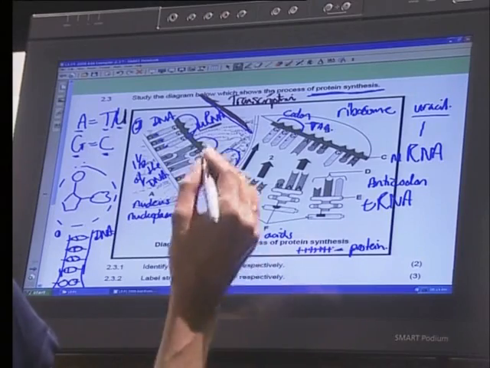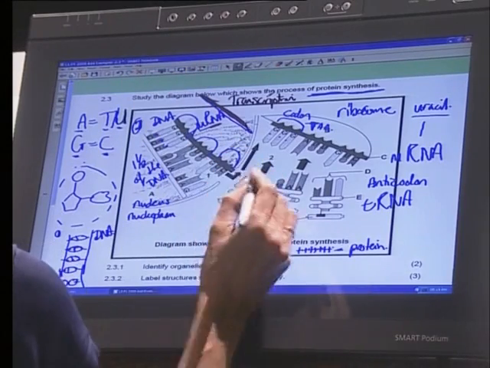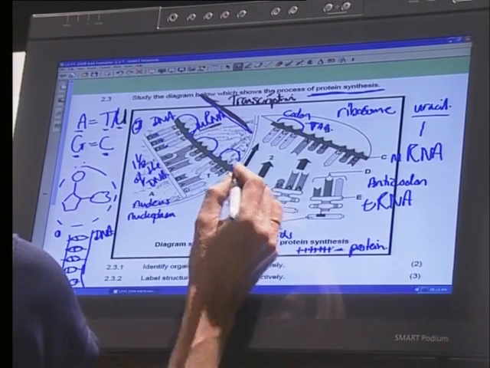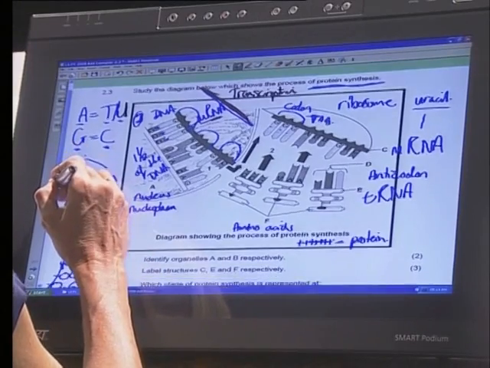Your messenger RNA is always going to have the opposite complementary bases to what is on the DNA. And your transfer RNA will always have the same nitrogenous bases as the original DNA had. Does that make sense? Any questions? All right. So let's move on from there now.